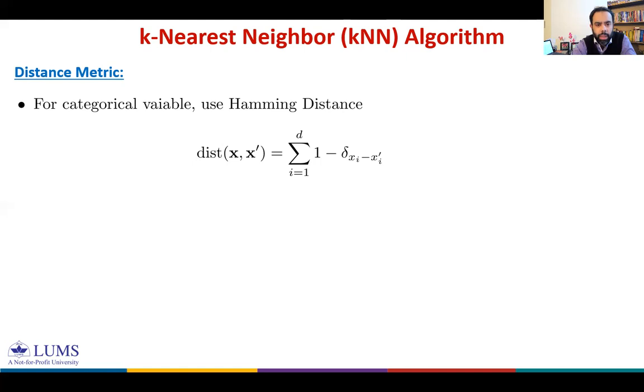Let me spend 1 minute explaining this. So x is a categorical variable, x dash is a categorical variable, and you have x i minus x dash i. When x is a categorical variable, we assume that it can only take two values, for example, yes or no. So if x i is yes and x i dash is also yes.